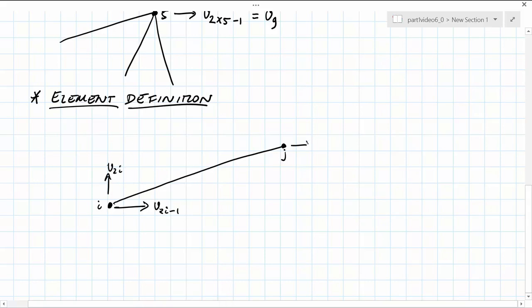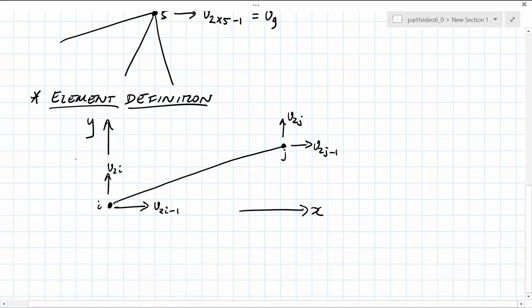Similarly, at node J, we have u2j minus 1 and u2j. The axes that correspond to these degrees of freedom are the global axes, and these are x and y.